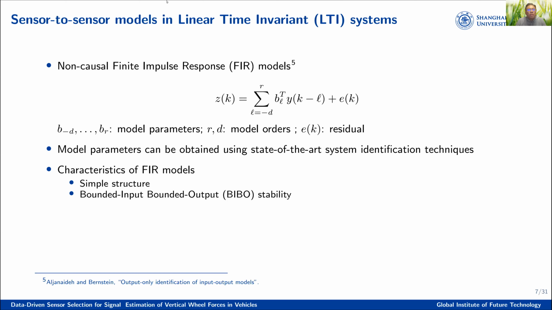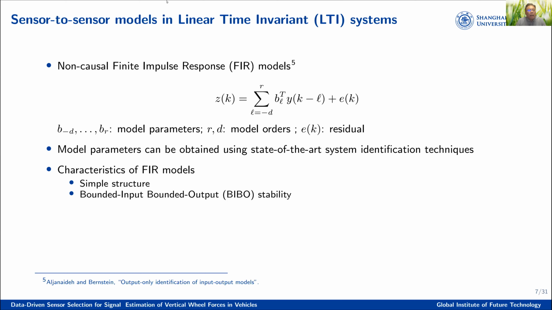And we notice this is a linear function of Y, and summation of that will give us the ZK value. In this formulation, we have the linear time invariant function. Model parameters can be obtained with the experimental data using the state-of-the-art system identification techniques.